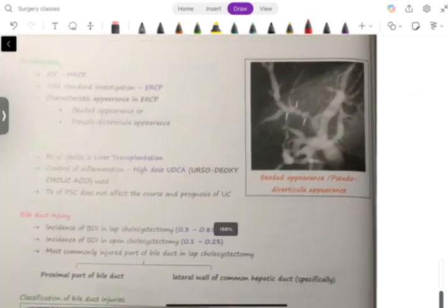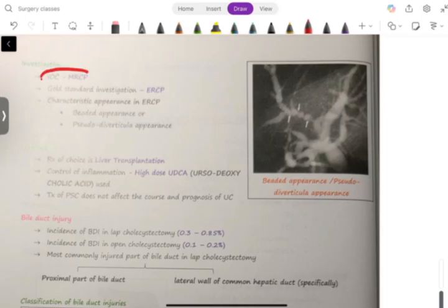Okay, so how will we diagnose? Basically, the investigation of choice is MRCP, whereas the gold standard is ERCP, because while diagnosing, if we find anything, we can treat it then and there. Hence ERCP is the gold standard. The characteristic appearance on ERCP is a beaded appearance.